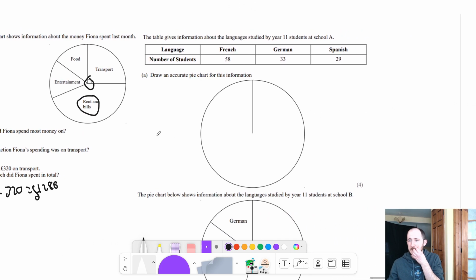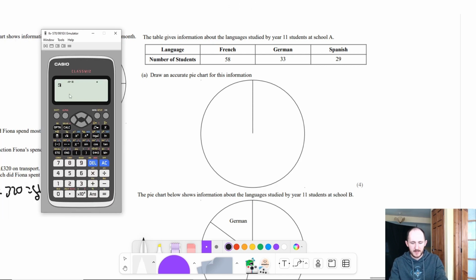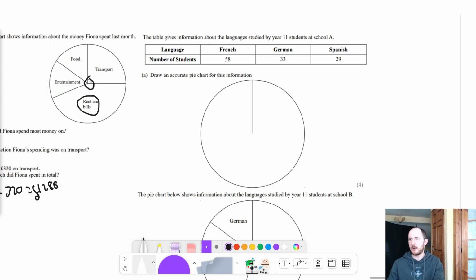So how do you draw a pie chart? Well, again, I won't be able to draw it because you need a protractor, but I'll tell you the method. Here's what you do. You add up all 3 of these numbers, okay? So 58 plus 33 plus 29. 120. And what you want to do is work out how many degrees each person gets. Because keep in mind, we have 360 degrees in total.